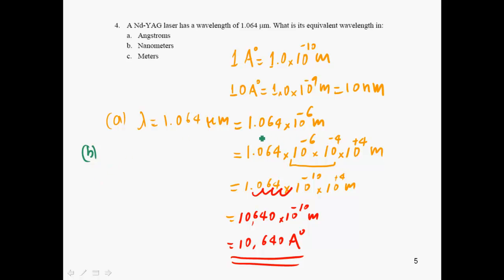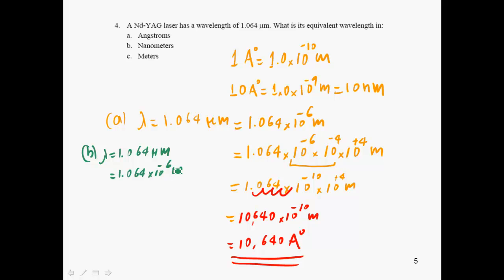Okay, let's do B with a different color, nanometers. So here's where we started with. Lambda is 1.064 micrometers. And we need to go to nanometers. Well, nanometers, you go from 1.064 times 10 to the negative 6 meters.